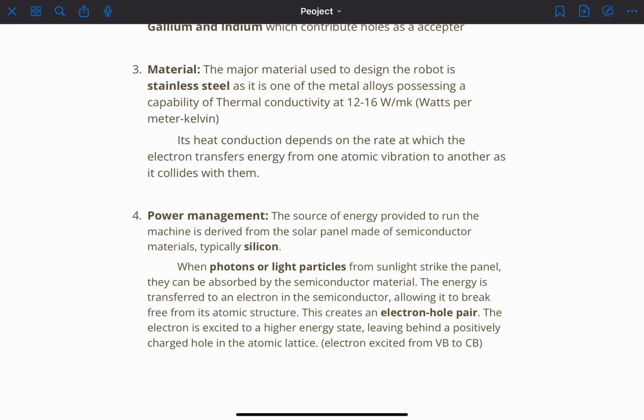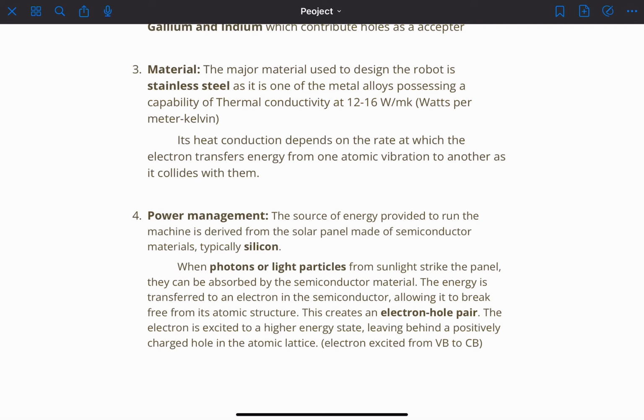The energy is then transferred to an electron inside the semiconductor, allowing it to break free from its atomic structure. This creates an EHP, or electron-hole pair. The electron is excited to a higher state, leaving behind a positively charged hole in the atomic lattice.